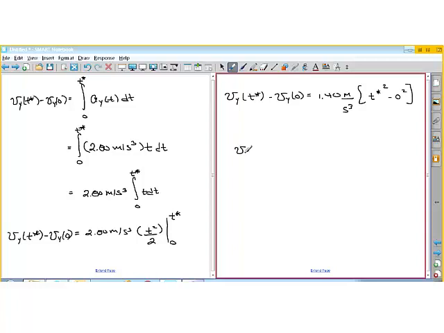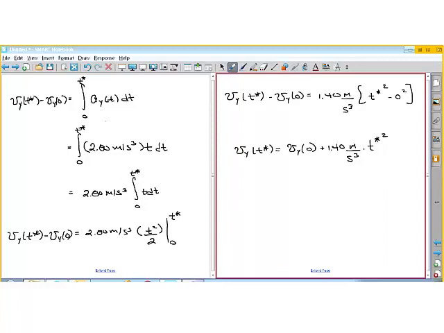If I solve for the velocity as a function of time, I get v y of t star is equal to v y of 0 plus 1.4 meters per second cubed times t star squared.